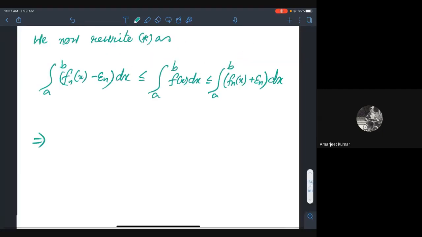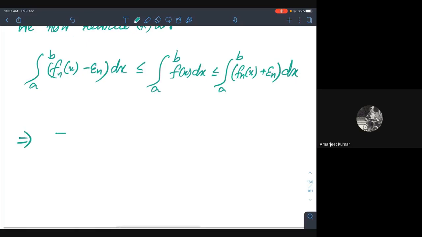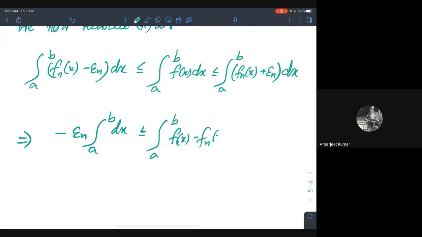So what we get is minus epsilon n integration from a to b dx is less than or equal to integration from a to b of f(x) minus fn(x) dx, less than or equal to epsilon n integration from a to b dx.